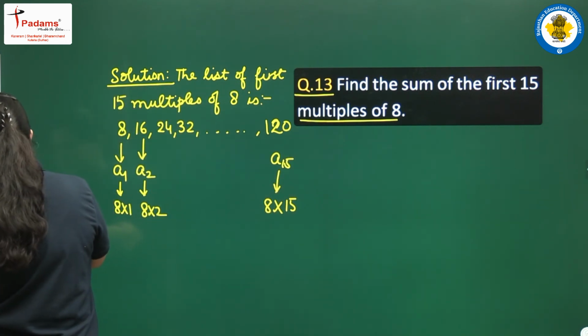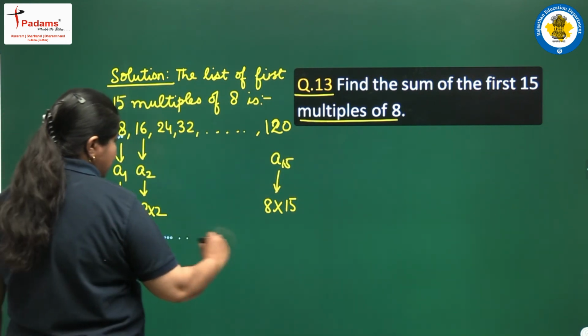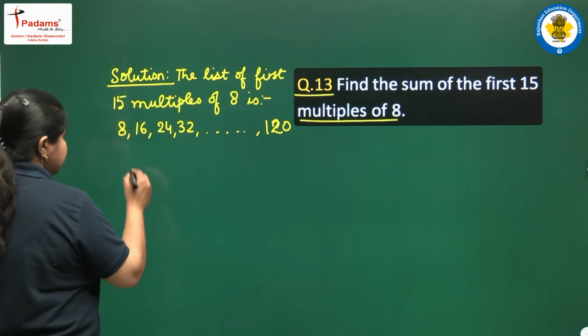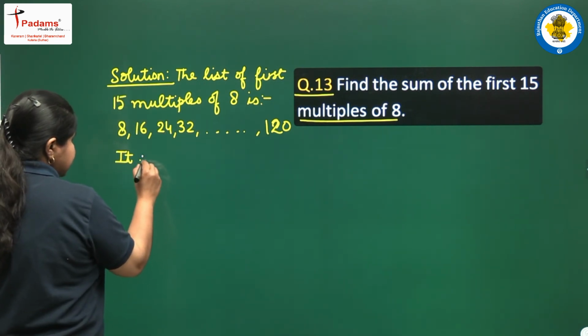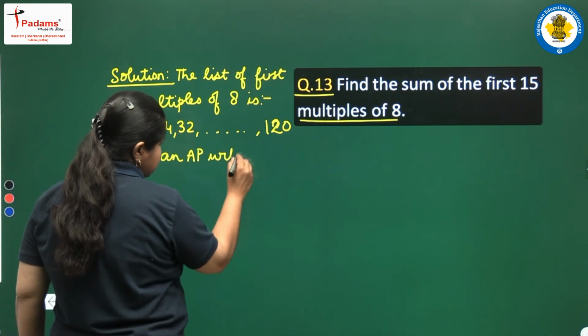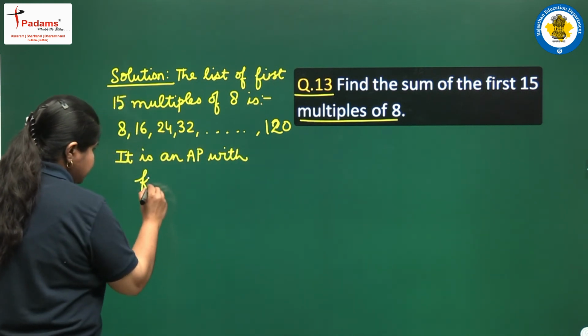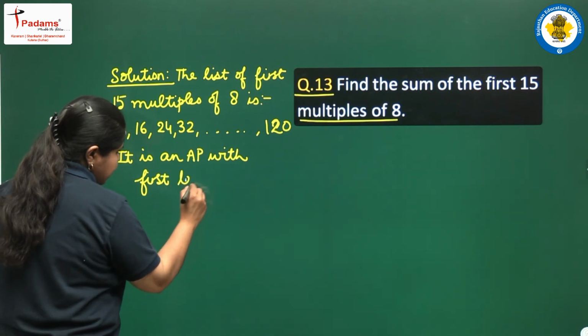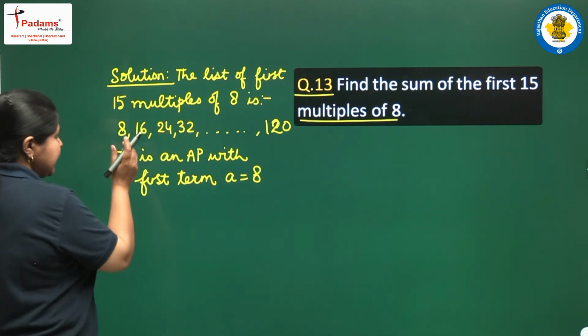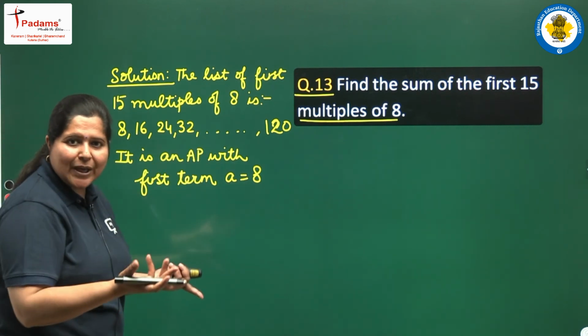Let us now have a look whether it is an AP or not, and you will see that yes, it is an AP. We can write it here. It is an AP with first term A equal to 8. You will see there is a difference of 8 throughout, so it is an AP.